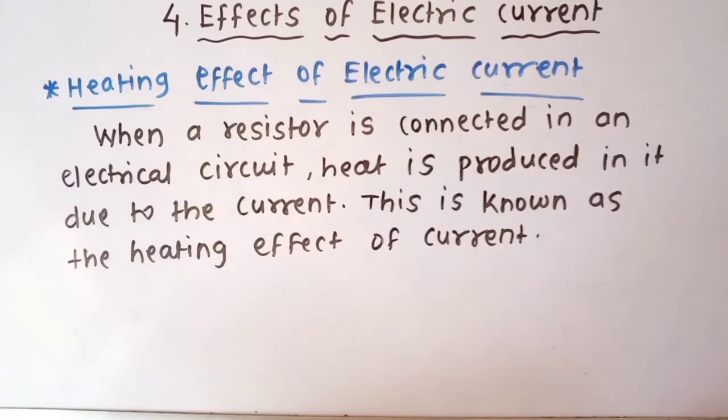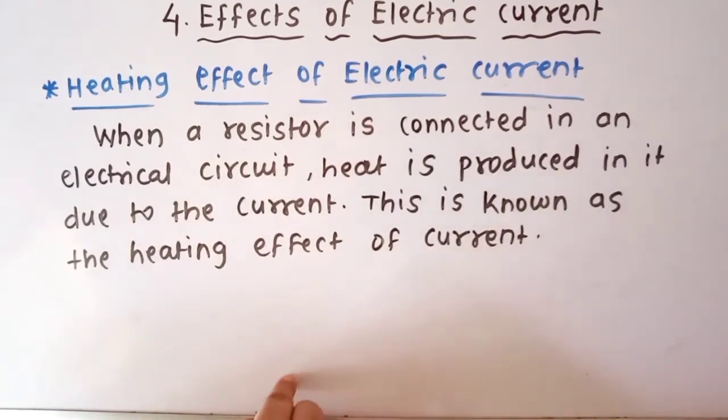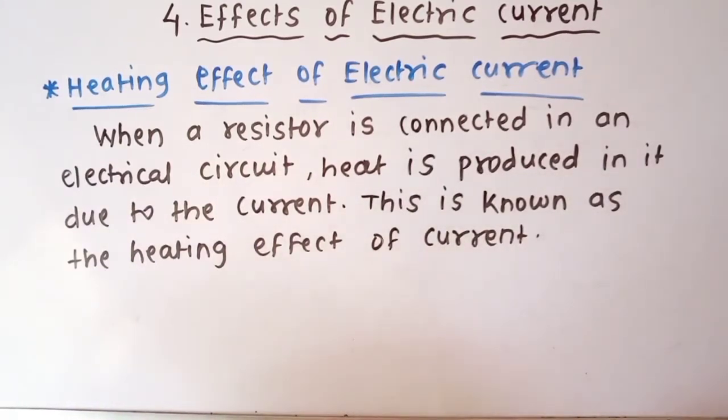These are some examples based on the principle of heating effect. In your textbook on page number 49, a coil is shown, a solenoid type coil, meaning round. Then the coil of a cooker and the coil of a heater are shown.